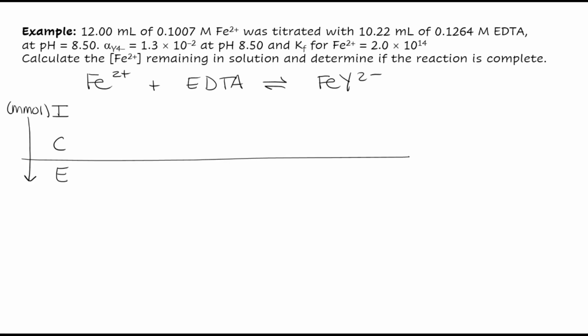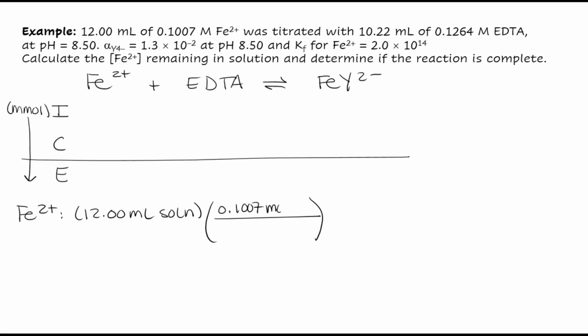So we'll calculate our millimoles of Fe2+. We have 12 milliliters of solution times the molarity of the iron 2, which is 0.1007 moles of Fe2+ divided by liters of solution.